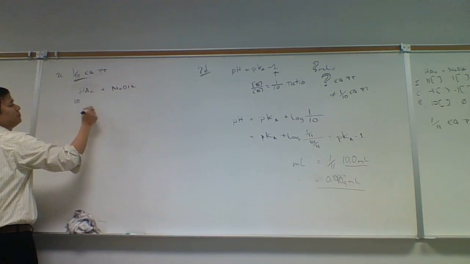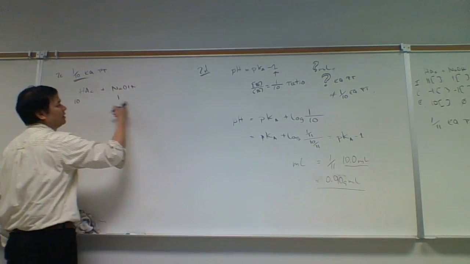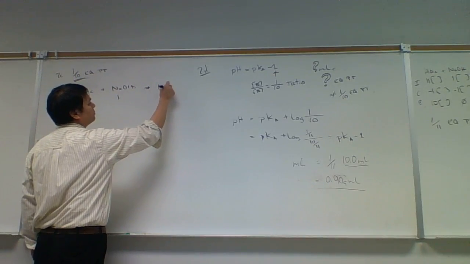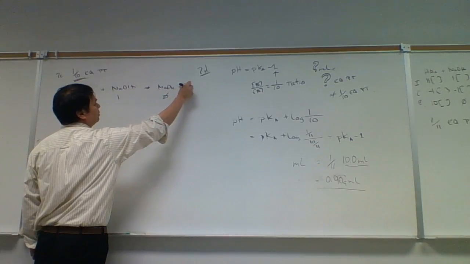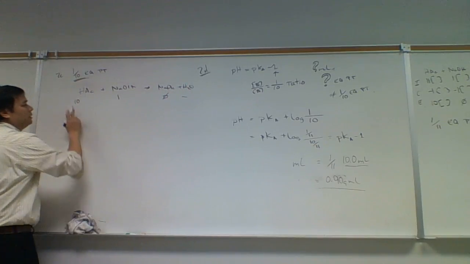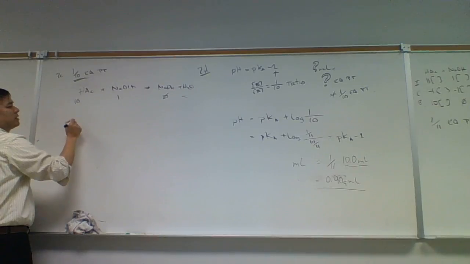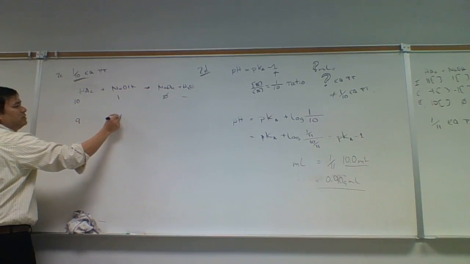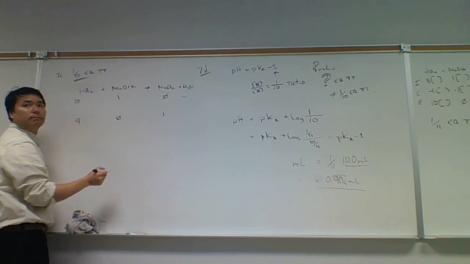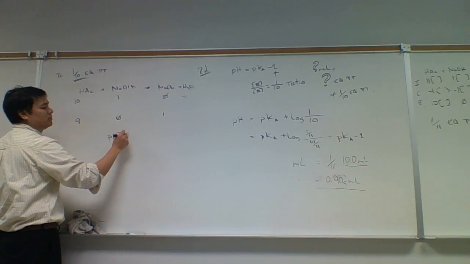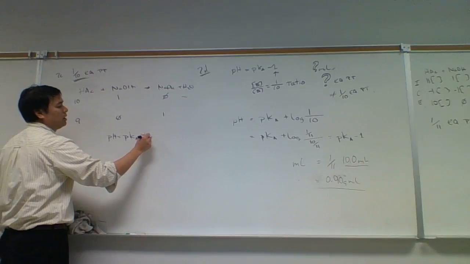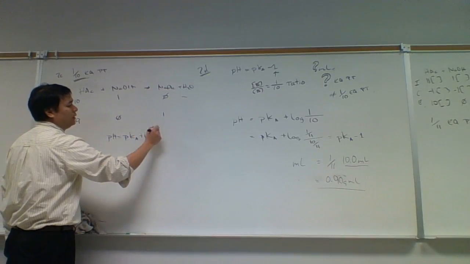So I start off with 10 parts. I neutralize 1 part. This is going to form sodium acetate, which is 0 parts to begin with, in water, which we ignore. And so the limiting reagent here is sodium hydroxide, so I'm left with 9, 0, 1. And so this gives me, when I look at the pH, pH is equal to pKa plus a log of 1/9.